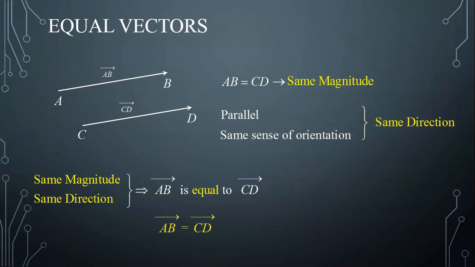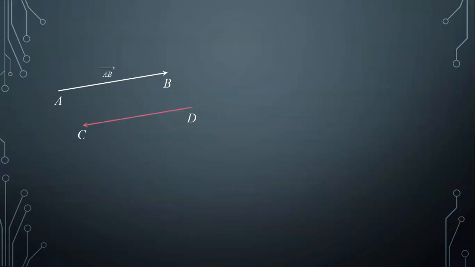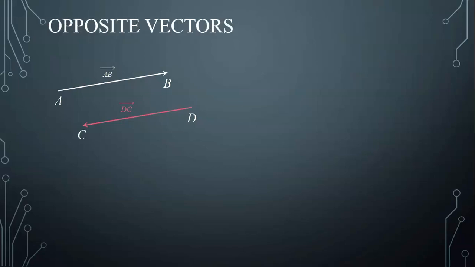Now, if we switch the sense of orientation of the second vector, now we are comparing vector AB to vector DC, as now D is the origin of the second vector. We would, in this case, have opposite vectors. As distance AB is still the same as distance DC, then they still have the same magnitude.